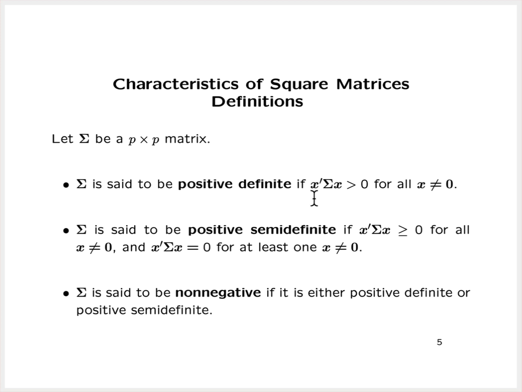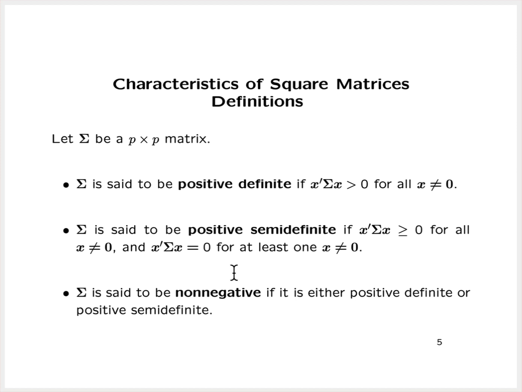The transpose of a p by 1 vector would be a 1 by p vector, and then multiply that against the p by p matrix cap sig, and then multiply that by the p by 1 vector x. The result you can think of as a scalar. Technically, it's a 1 by 1 matrix, but it's typically treated as a scalar. This is the definition of what it means for cap sig to be a positive definite matrix.